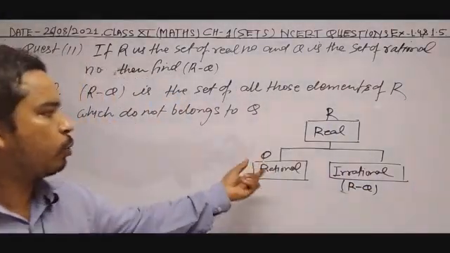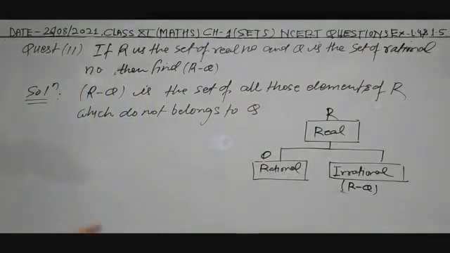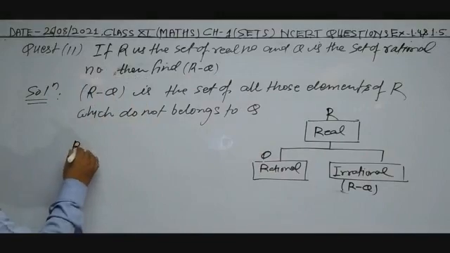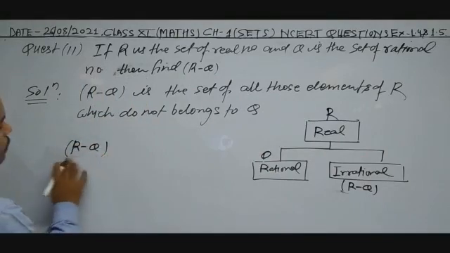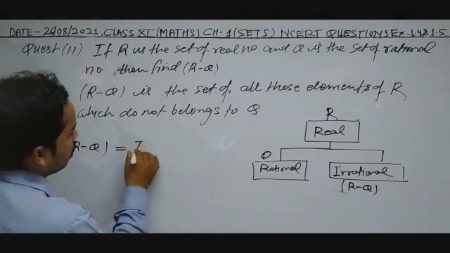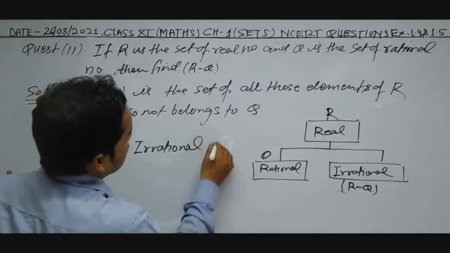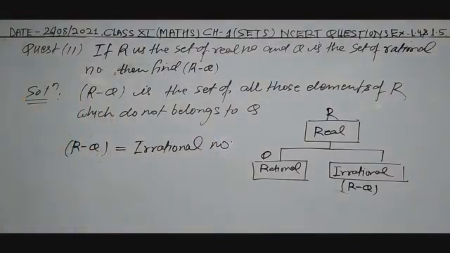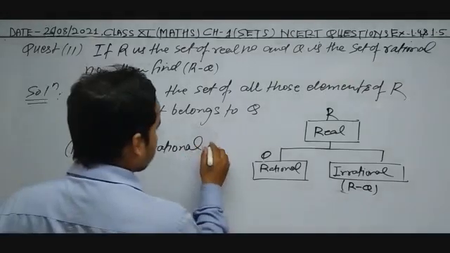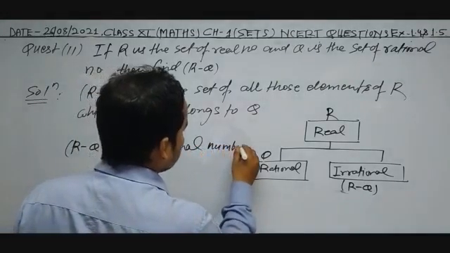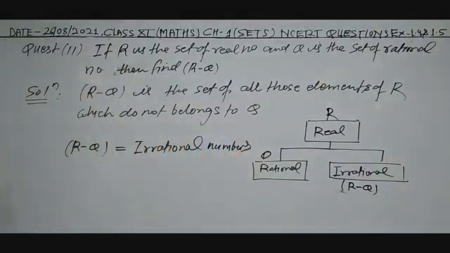If you exclude rational numbers, then you will get R minus Q. So R minus Q is equal to irrational numbers. Now this question is completed.